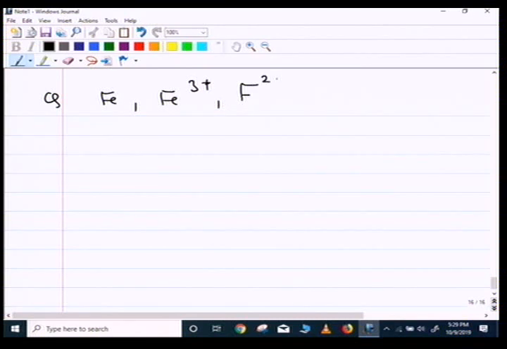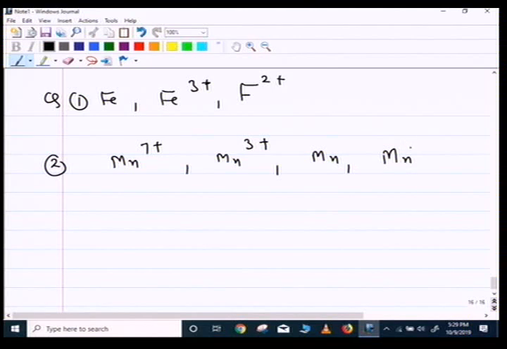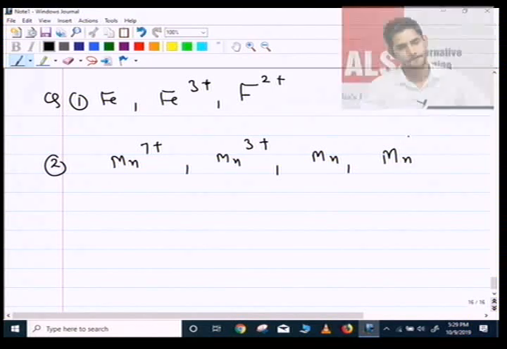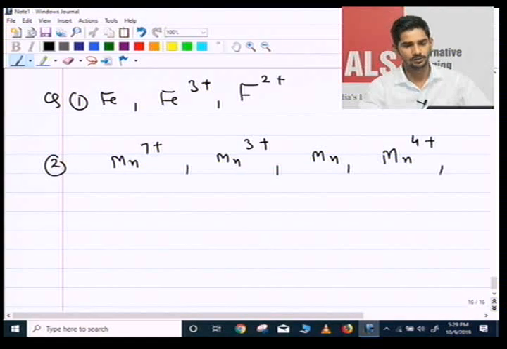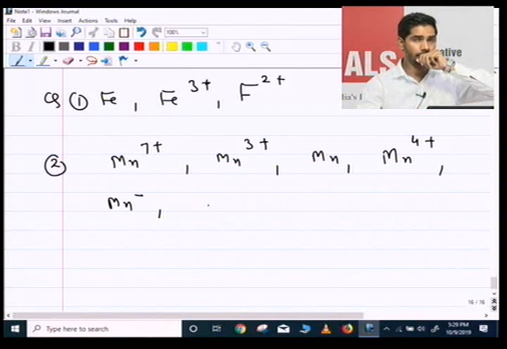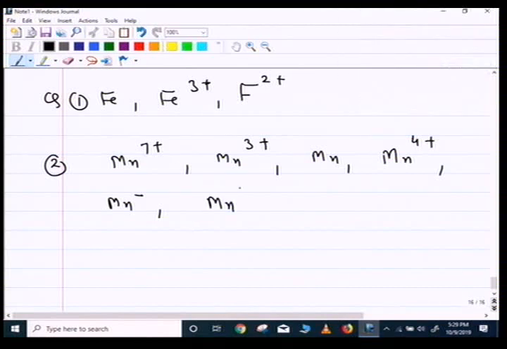Then number 2: Mn7+, Mn3+, Mn4+, Mn-, Mn2-. Attempt this question, guys.